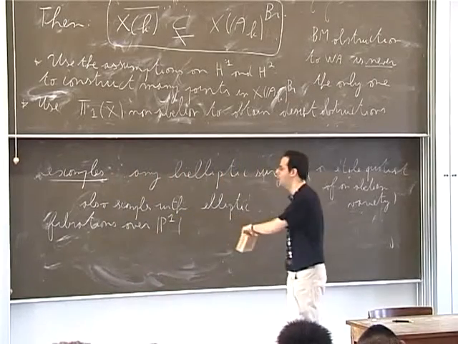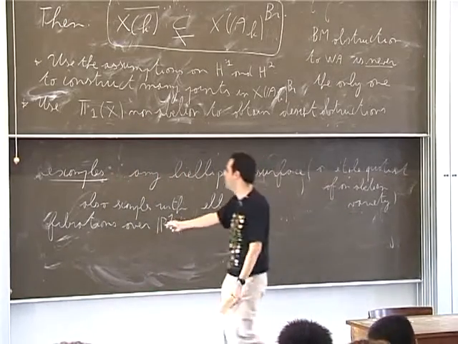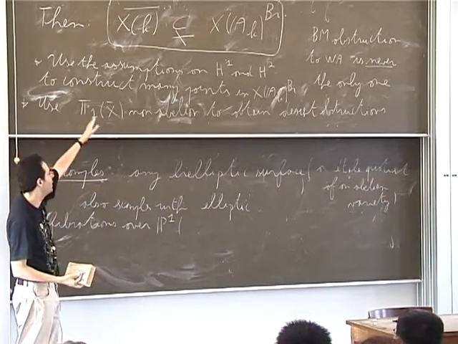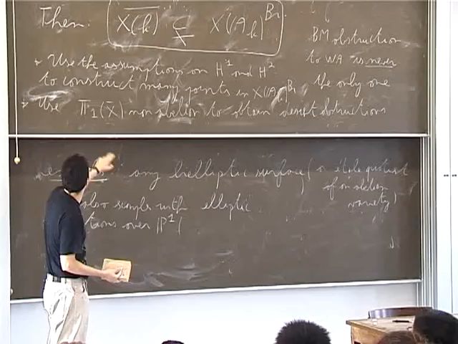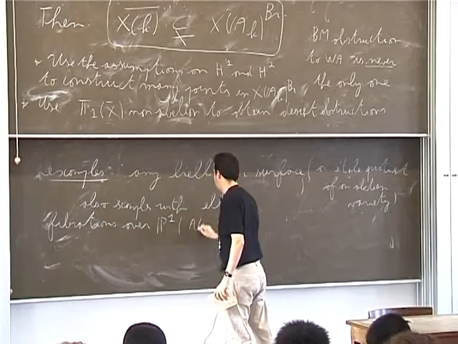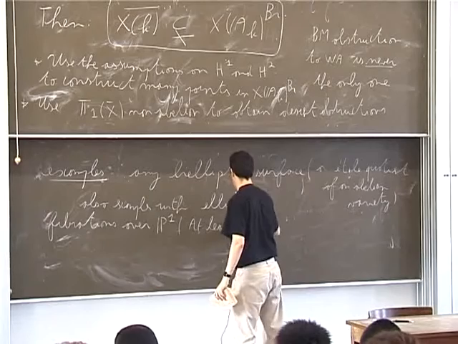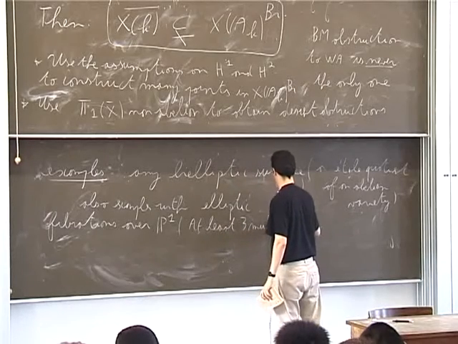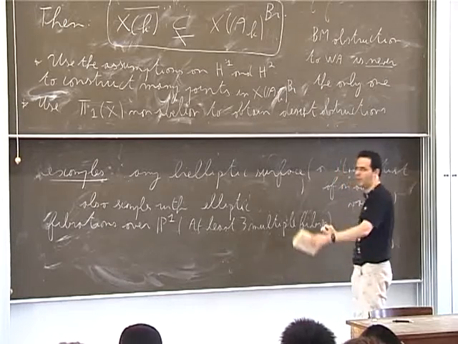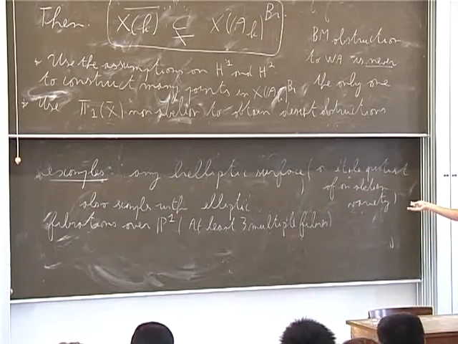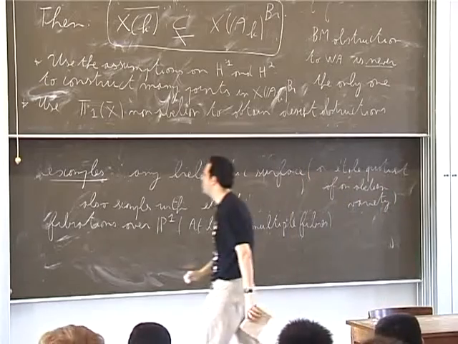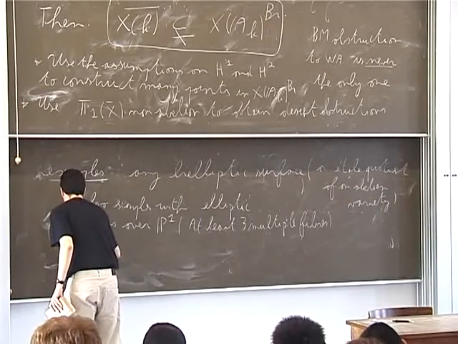But here you take special elliptic fibrations with H1 and H2 zero, and the condition for this group being non-abelian is that there should be at least 3 multiple fibers. So the bielliptic surface corresponds to the case when you have 4 double fibers.